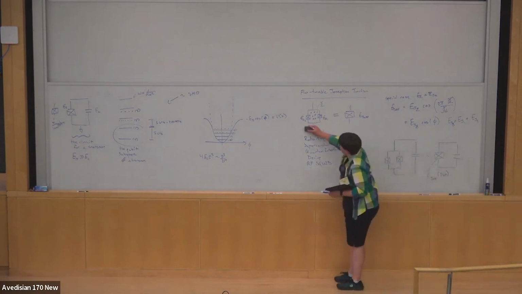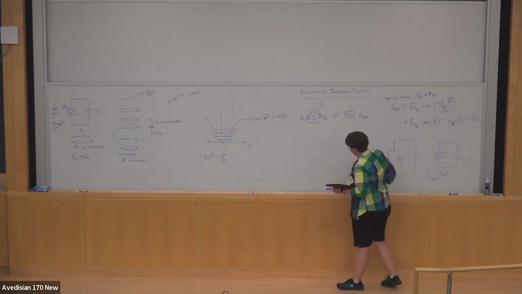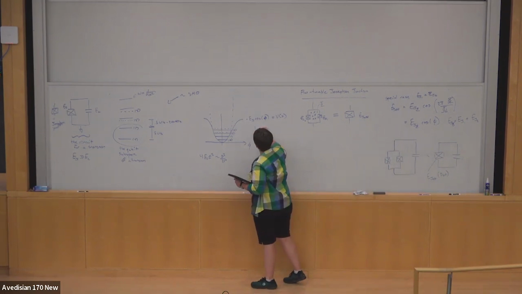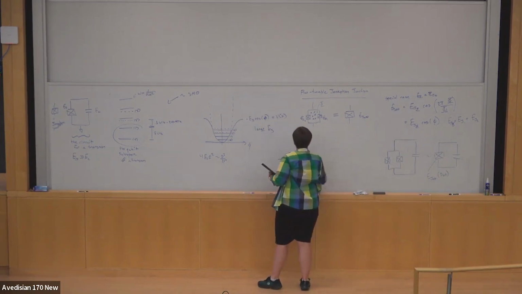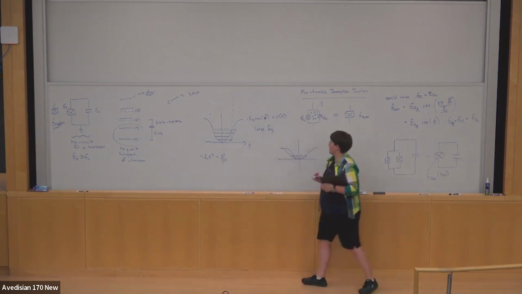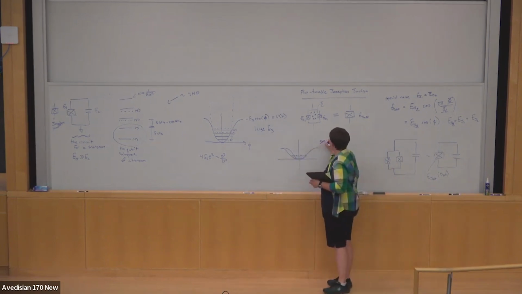And so you can go from a picture like this, which is, let's say, large EJ, and you can change to have a much shallower potential with much more closely spaced levels.